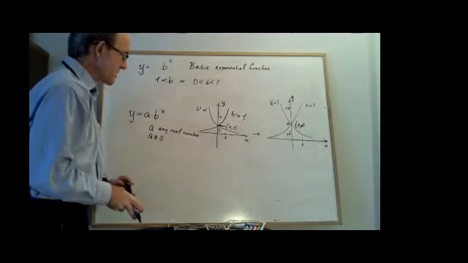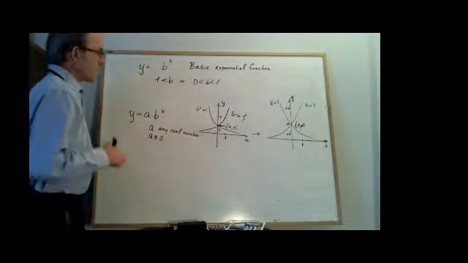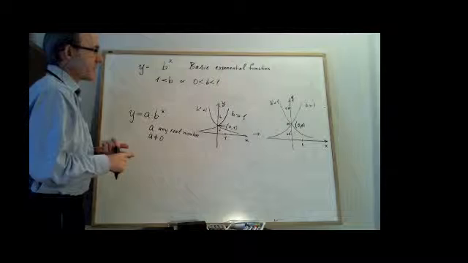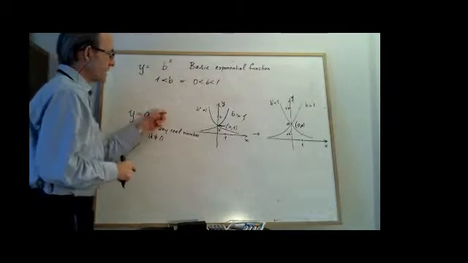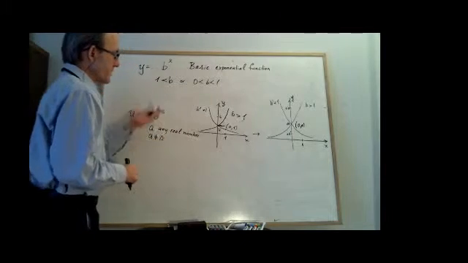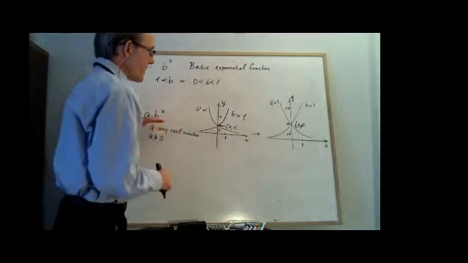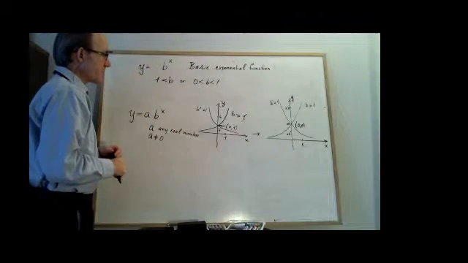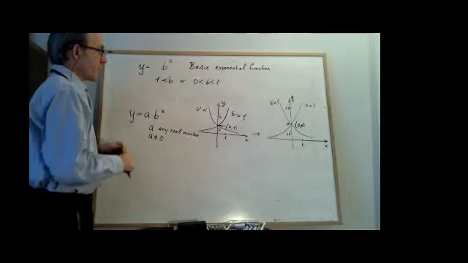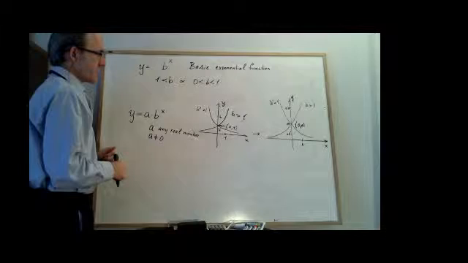And so let's see some examples. We'll also deal with the shifts and stretches of this, both in the horizontal direction and in the vertical direction. We can have both shifts in the horizontal direction and shifts in the vertical direction, as well as stretches or compressions in the horizontal direction.